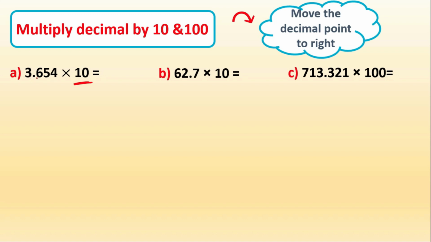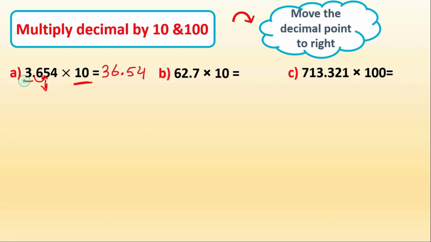Okay, to move one step to the left, you have to move the decimal point one step to the right. It becomes between 6 and 5, so the number will be 3, 6, and then the decimal point, 5 and 4. Try to get it.